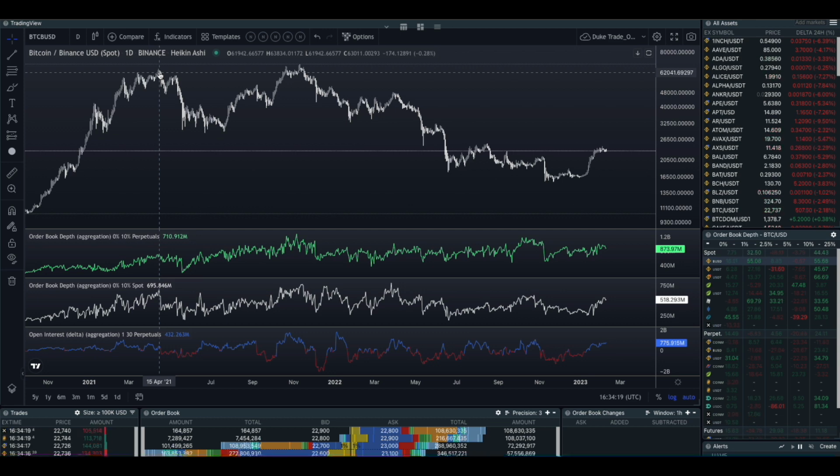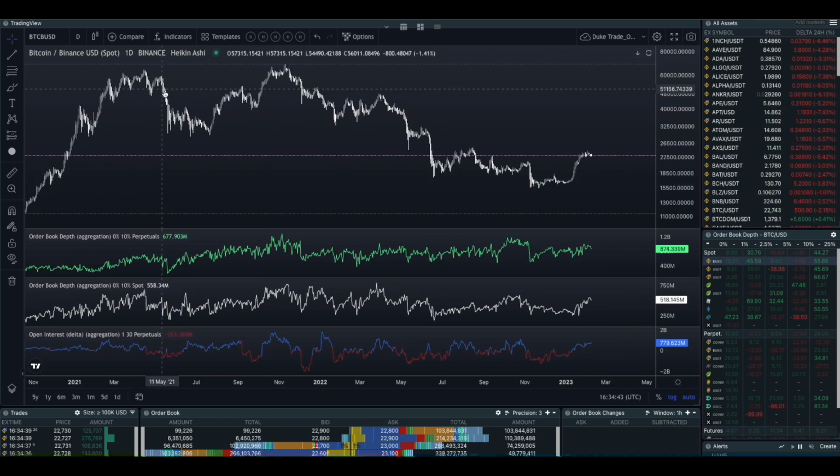We didn't have a great deal of data back then, but what we can identify is the perpetuals market was highly on the rise. At that point in time, it was hitting 700 million. Spot market, 600, 700 million again. Open interest data, not the best for back then. It did come off a little bit.